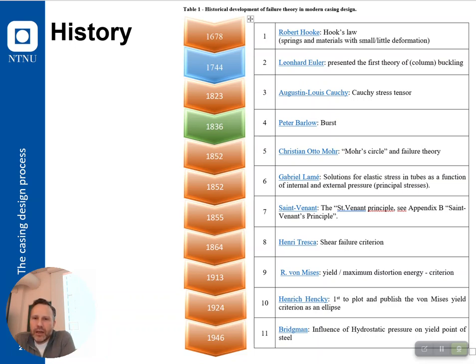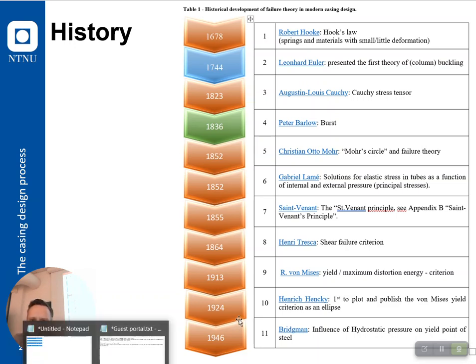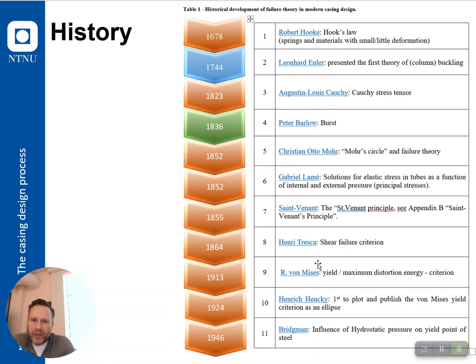St. Venant's principle, that's basically showing how stress goes into steel, then the Tresca failure criterion, and finally what we are using today, the maximum distortion energy criterion. Basically, it's only triaxial, everything. All modern calculations, only triaxial, nothing else.